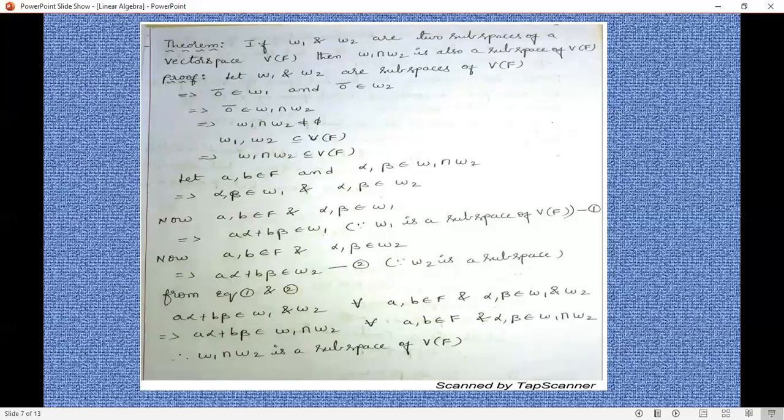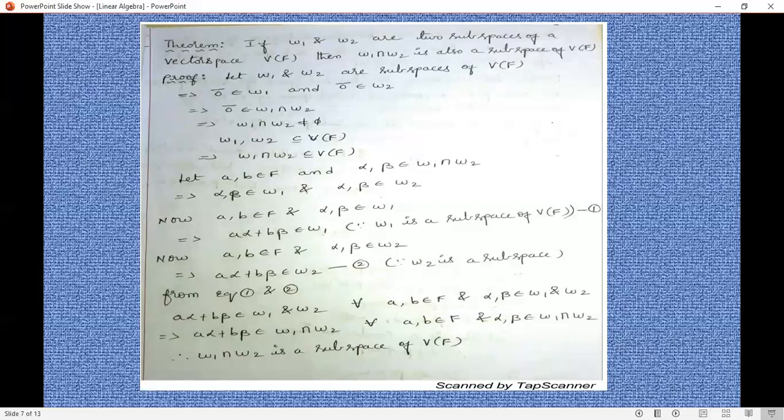Now, the second one: a, b belong to F and alpha, beta belong to W2 implies a alpha plus b beta belongs to W2, since W2 is also a subspace of V of F. From equations 1 and 2, a alpha plus b beta belongs to W1 and W2 for all a, b belong to F and alpha, beta belong to W1 and W2. This implies a alpha plus b beta belongs to W1 intersection W2 for all a, b belong to F and alpha, beta belong to W1 intersection W2.